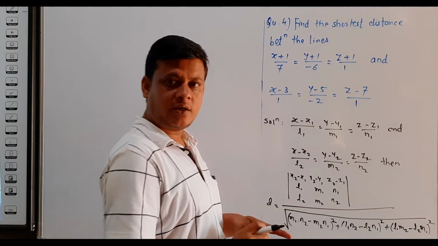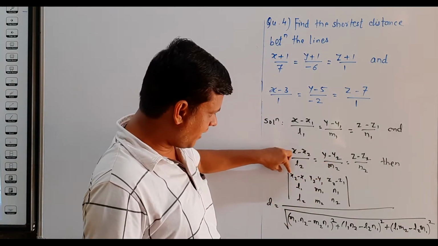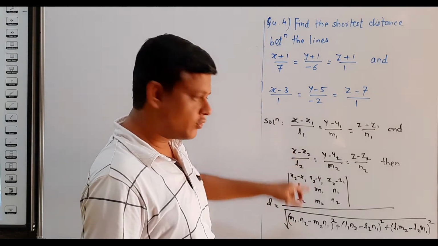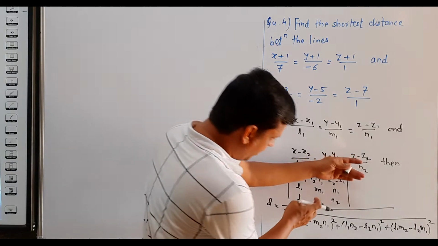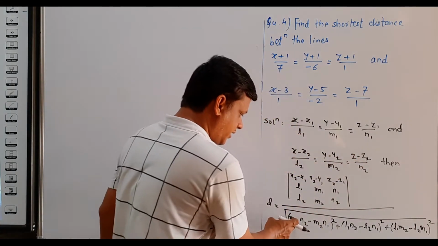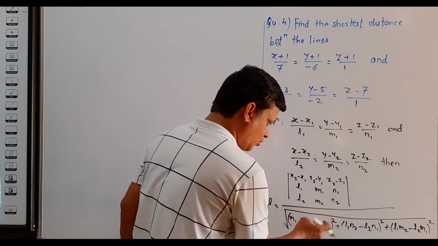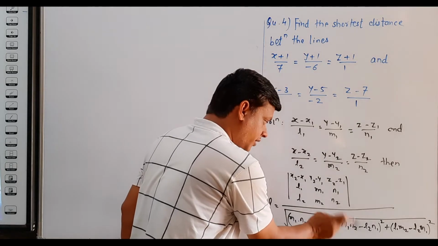Now see how to write the denominator. When we consider the value x2-x1, we skip the first column and first row, so we calculate the determinant of M1, N1, M2, N2, that is (M1 N2 - M2 N1) whole square, plus.